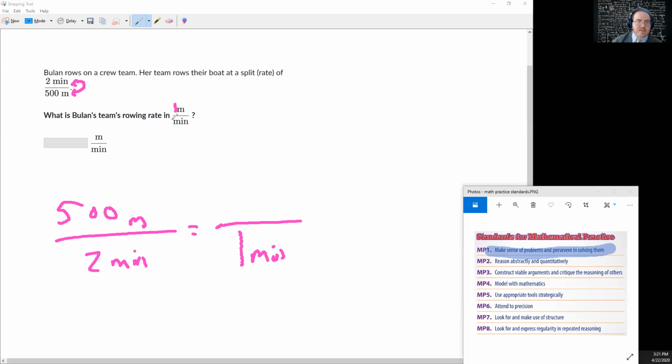That's really all it's asking for. So if we just divide by 2 on top and bottom, we'll get to 1 minute. 2 divided by 2 is 1, and 500 divided by 2 would be 250. So that'd just be 250 meters per minute. I was making that too complicated by getting into dimensional analysis. We'll get to that, but not for that problem.